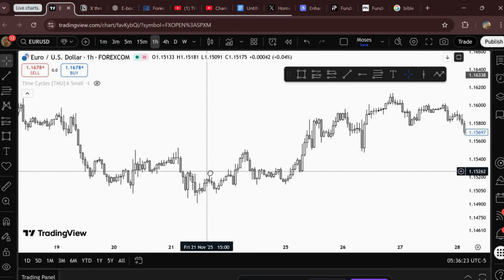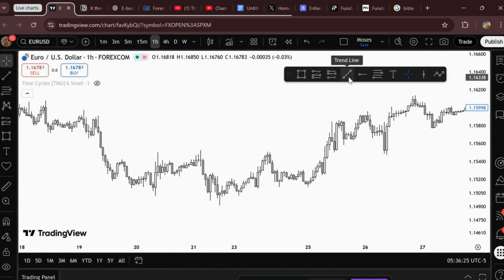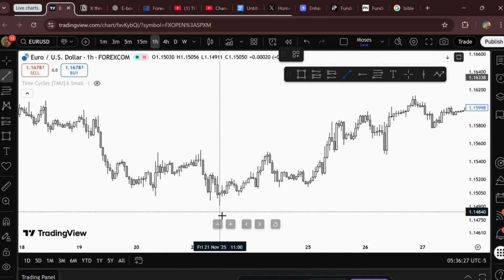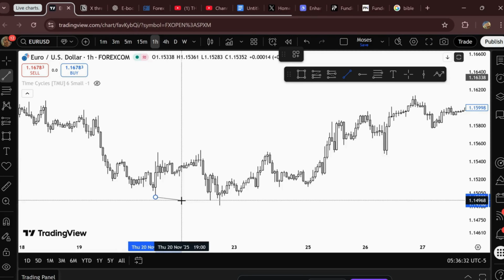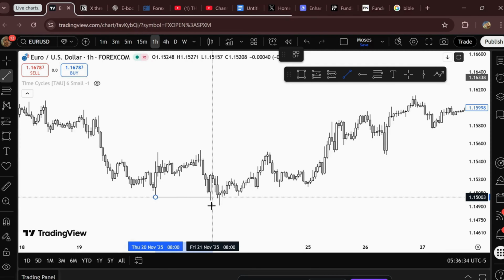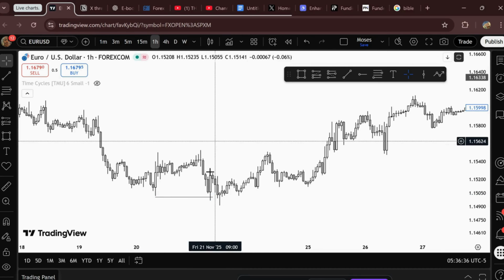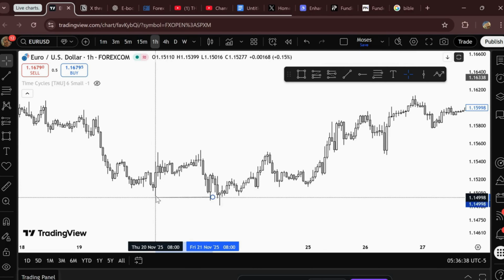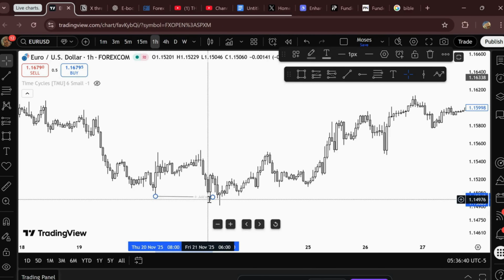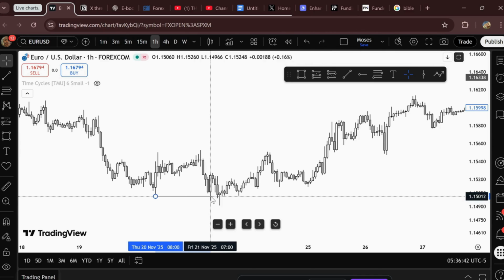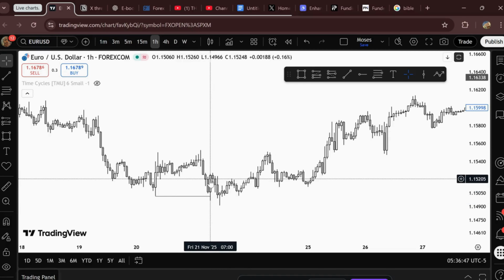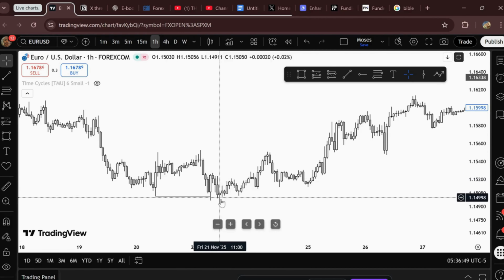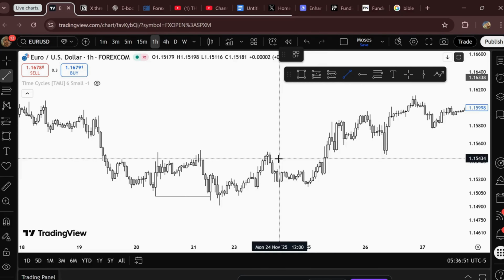Now let's begin from this point of reversal here. Price rejected this low, and we talked about lows and highs in the introductory video to PD arrays, so this should not sound like news to you anymore. Price rejects off this low, puts in this series of bullish candlesticks, and then reverses again to take out this low here.